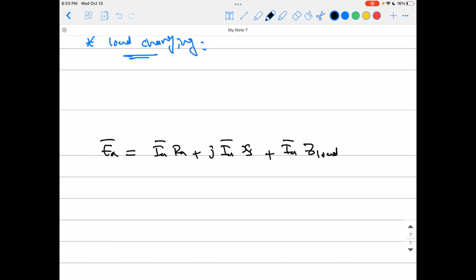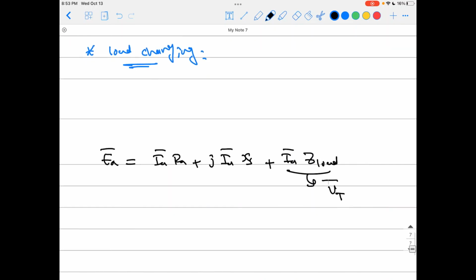I hope you can find that this value IA multiplied by Z load is also the terminal voltage. It's the current multiplied by the impedance, which has components R plus jX. That is your terminal voltage. So what happens with the change in this impedance Z load?